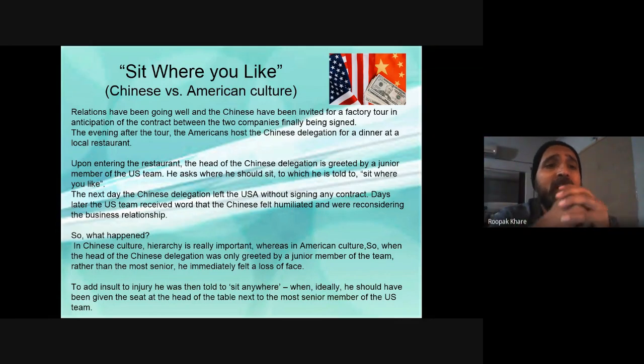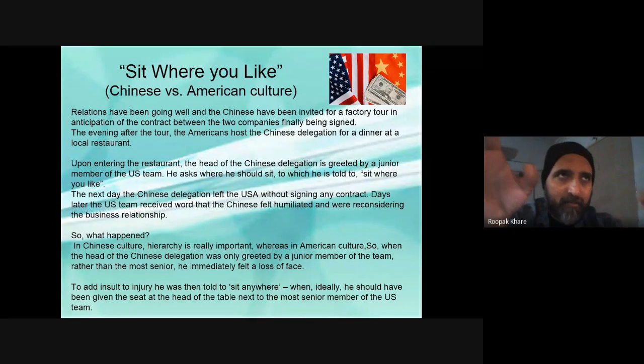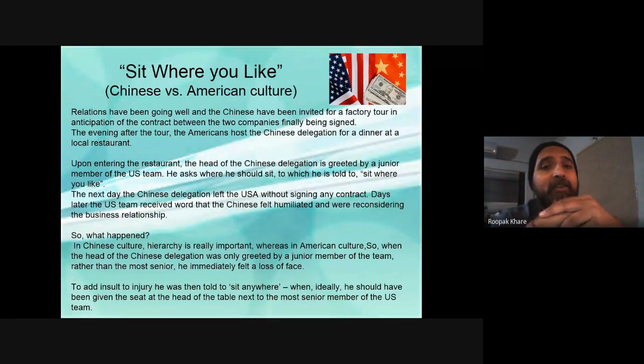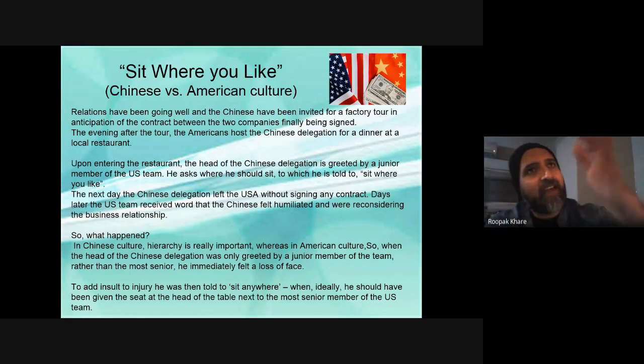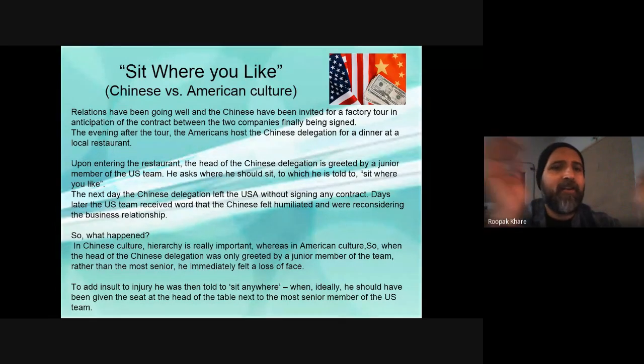The evening after the tour, after some discussions and meetings, the Americans host the Chinese delegation for a dinner at a local restaurant. The American team has organized a party, a dinner, and the Chinese guests have to come there and enjoy the party.